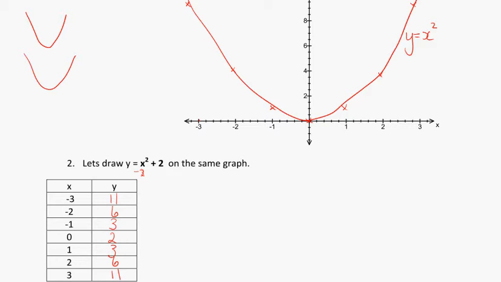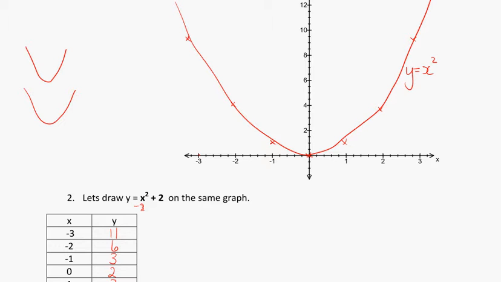Now I'm going to plot them, and I'll change my colour here. So negative 3, 11. I'll just move this up a wee bit so I can see where 11 is. Negative 3, 11 is going to be up there.